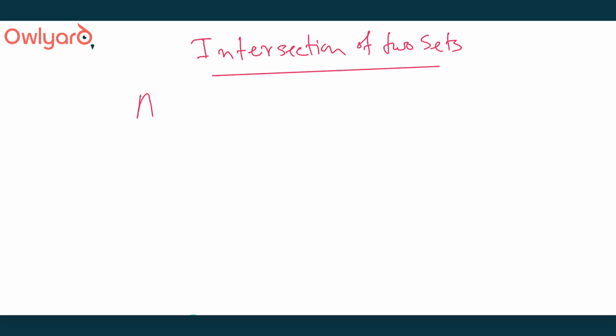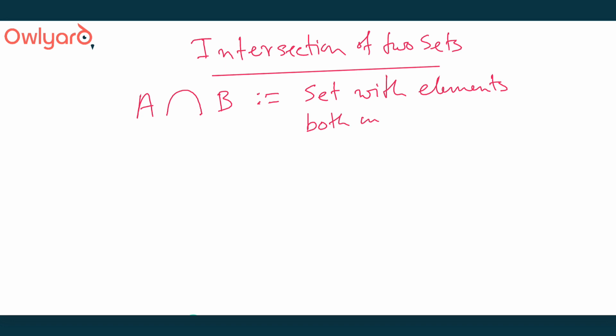So again, if A is a set, intersection is denoted using this upside down union symbol, and B is another set, then A intersection B is defined as the set containing elements that exist both in A and in B.